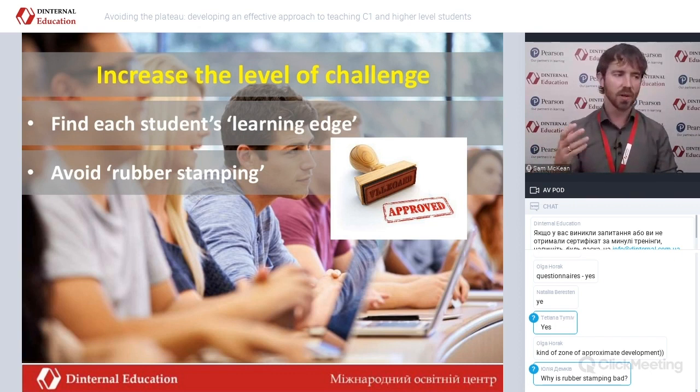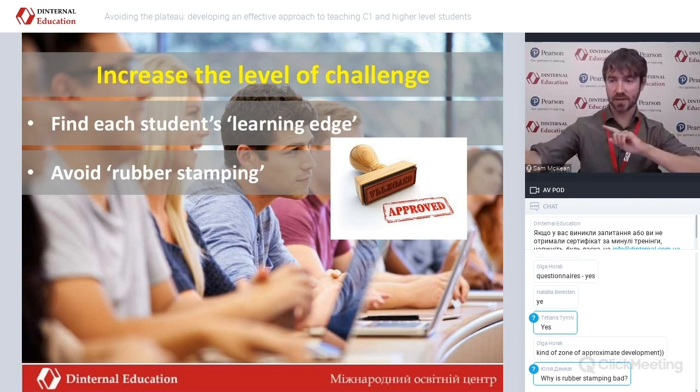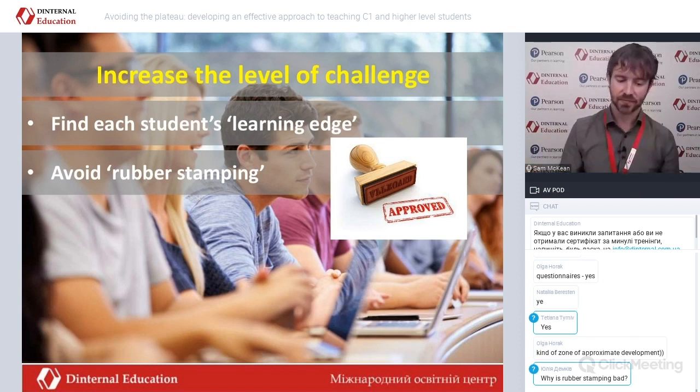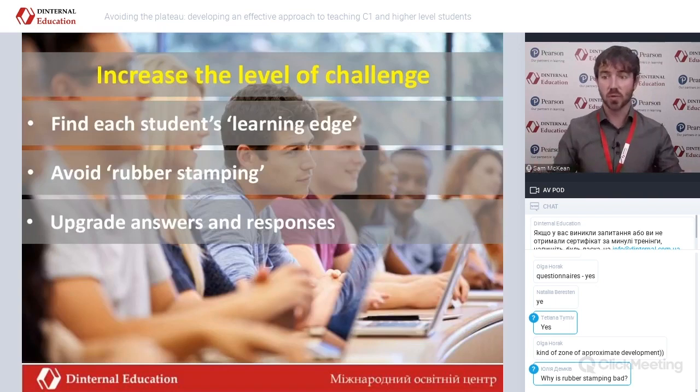So we're really missing an opportunity for more cross-class interaction and communication with our students. Even more importantly, with higher level students, we miss the opportunity to get them to upgrade and improve the answer that they've given.